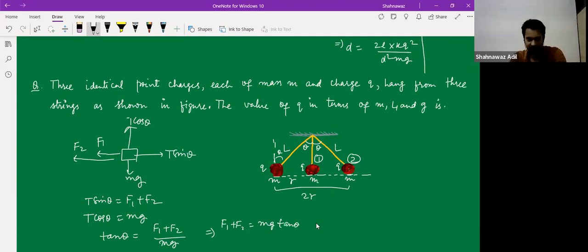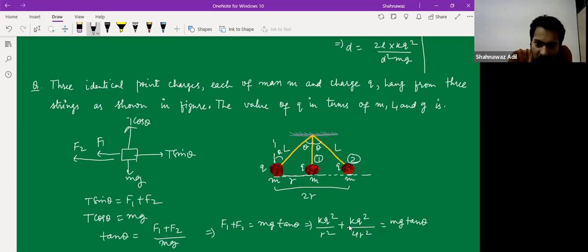Now what is F1? F1, distance is r, so kq square by r square. And for this part, F2, this distance is how much? 2r. So this is kq square by 4r square. This is mg tan theta.